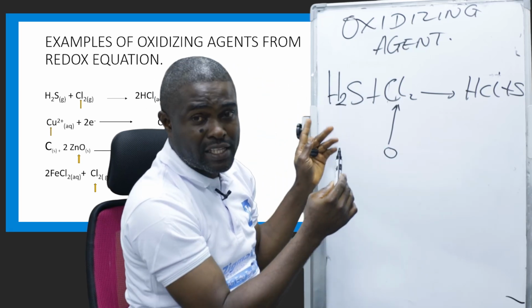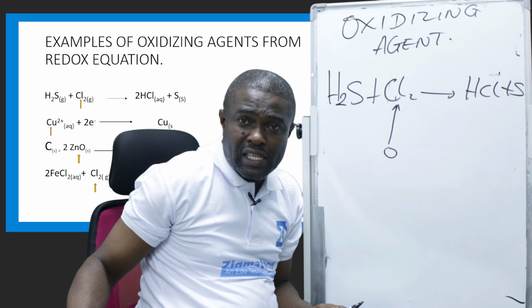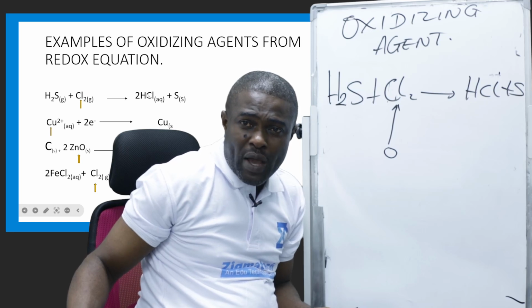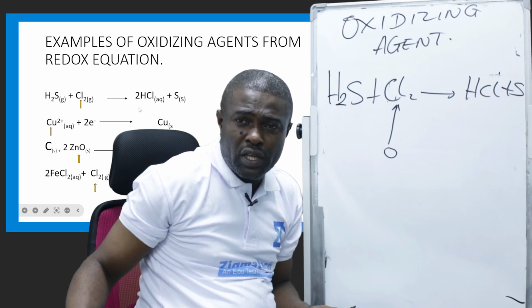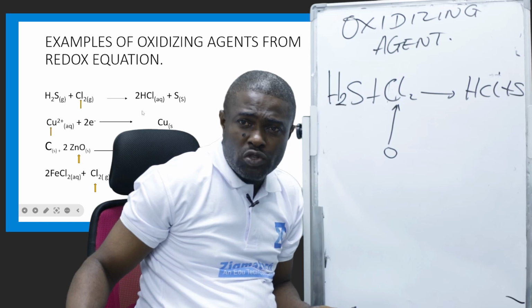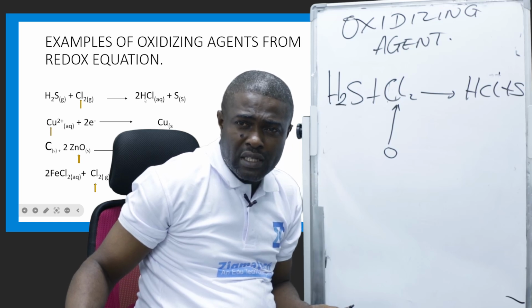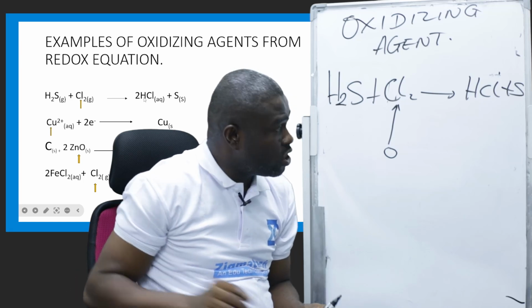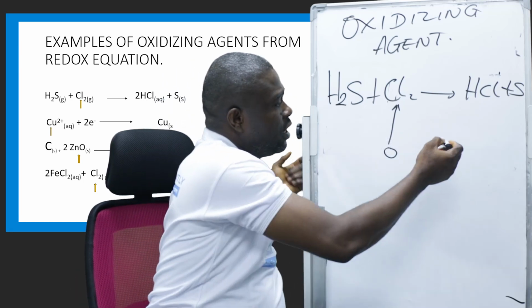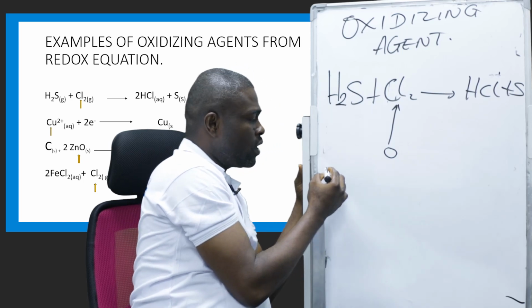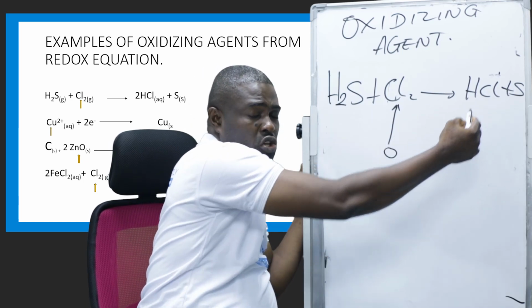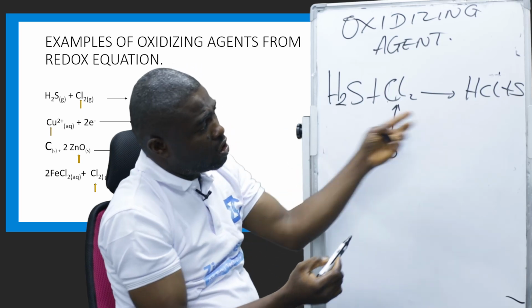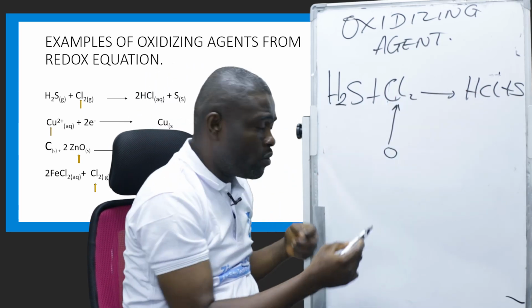Let us go to the right-hand side now. Follow me. On the right-hand side, where can you find chlorine again? You find chlorine in a compound called hydrochloric acid. So can we calculate the oxidation number of chlorine there? Remember the rule? The rule says you add all the oxidation numbers and they sum to 0 because the compound itself is a neutral compound.